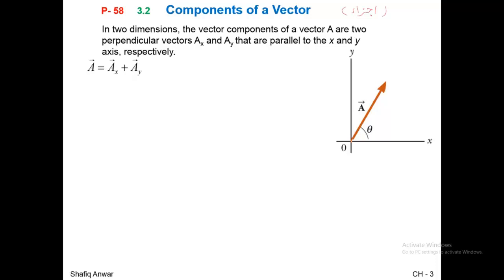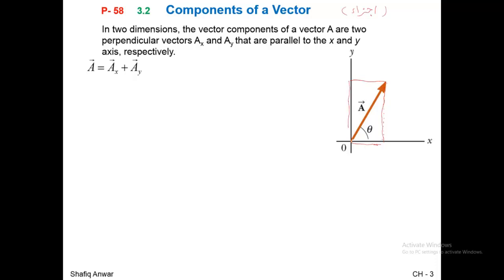If I draw a perpendicular from this point on the x-axis, now this is along the x-axis. This is the y-axis, this one, and also this is the same. This is the x-axis and this is the y-axis.